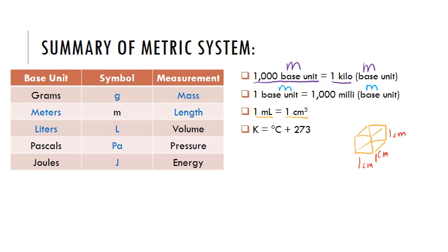Our very last metric conversion that we're going to go over is temperature. So this last equation is a little bit different. It's for temperature conversion. Our two temperatures that we're going to use in this class are Kelvin and Celsius. So we say Kelvin and then degrees Celsius. This equation shows you how they relate to each other.